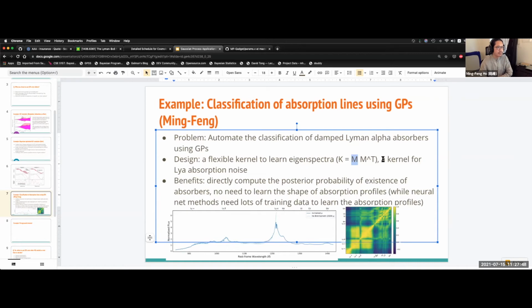And then we also add another kernel to take into account the Lyman-alpha absorption noise, which is modeled by just a Gaussian.